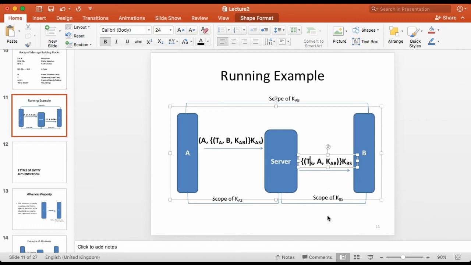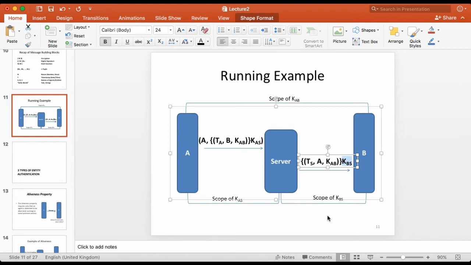That message contains a timestamp from the server, Alice's name to say that this message is coming from Alice, and that key that Alice has proposed for communication with Bob. It takes these three things, composes them together in one tuple, and encrypts that tuple using the key that the server shares with Bob.